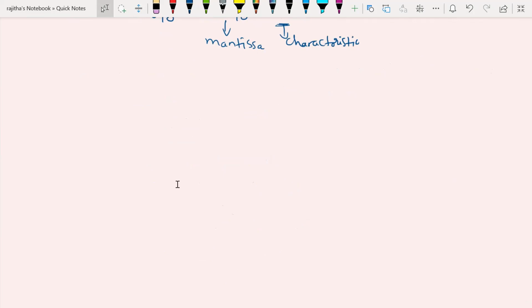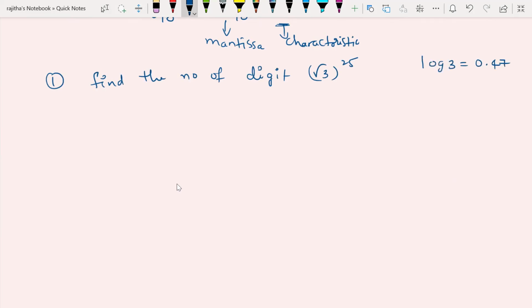Find the number of digits in root 3 power 25, given log 3 equals 0.4771.